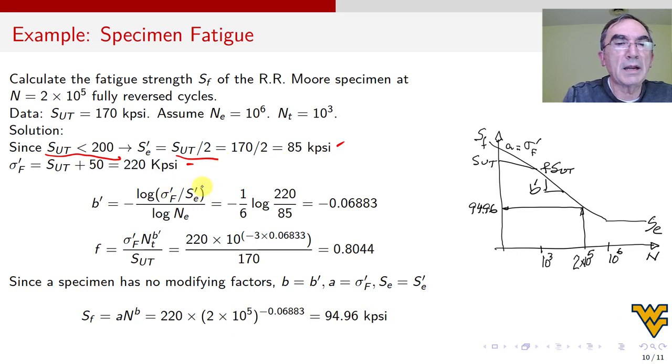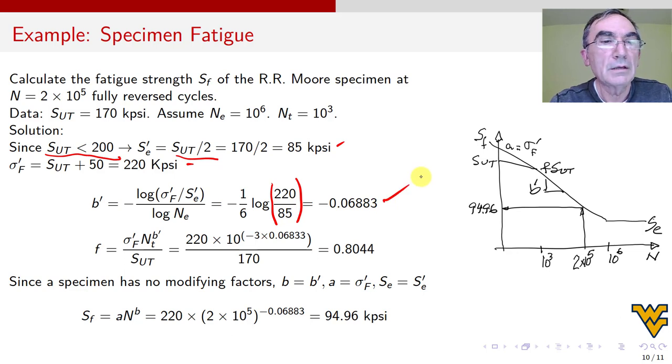This gives me a reasonable number, minus 0.068883. You see, I keep 1, 2, 3, 4 significant digits, that is 4 digits that are not zero. I don't care how many zeros there are here. So I got B prime.